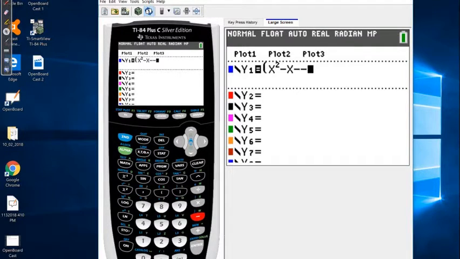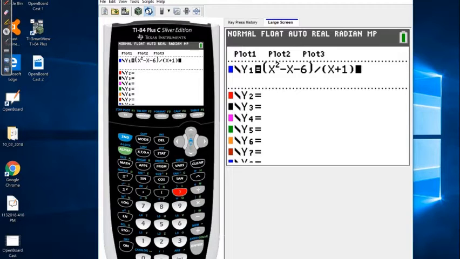Close the parentheses because that goes on top. Divided by parentheses, and I believe it was x plus 1.